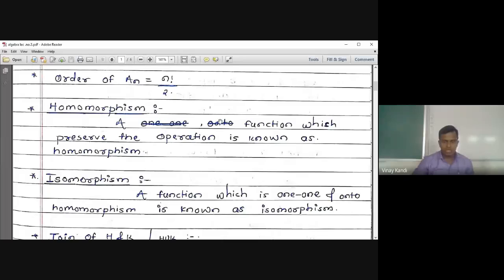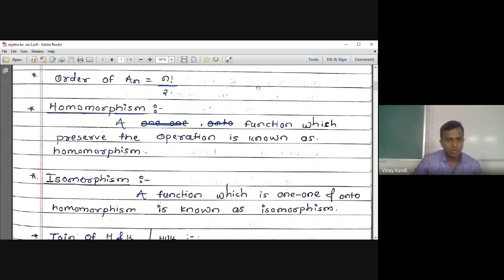Now we start the lecture, Algebra 1, instead of differential equation. In the previous lecture, we saw the definition of cyclic group, cyclic subgroup, and permutation, and some theorems related to cyclic groups.